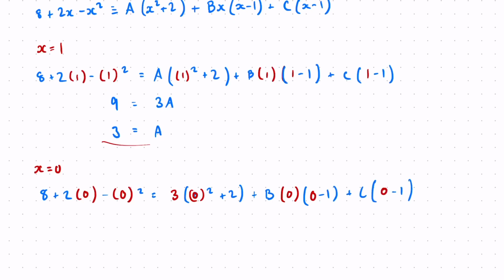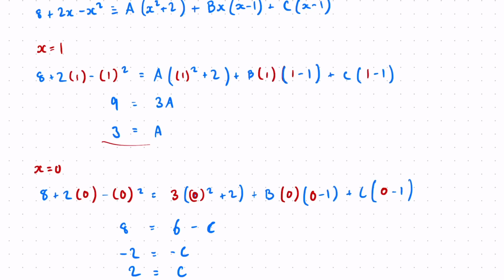Okay, that's going to give me on my left hand side just 8. 3 lots of 0 squared plus 2 becomes 6. B disappears and it leaves me with 6 minus c. Okay, which gives me minus 2 is minus c, which means that c is 2.